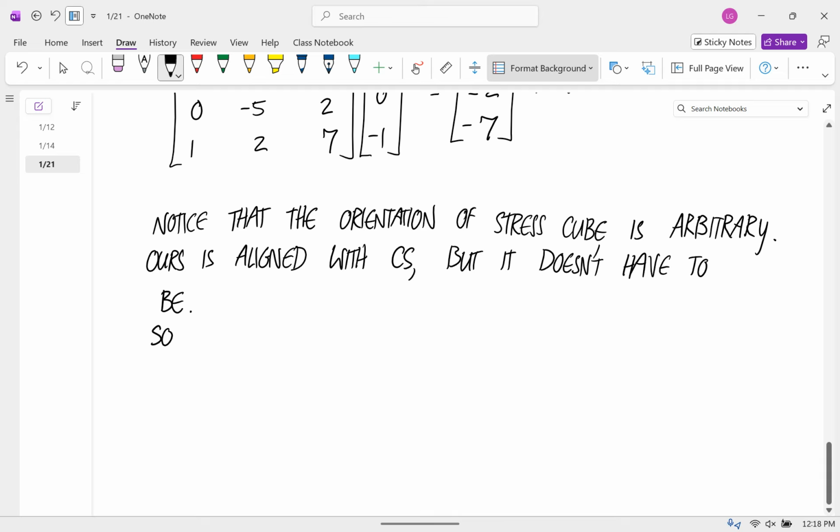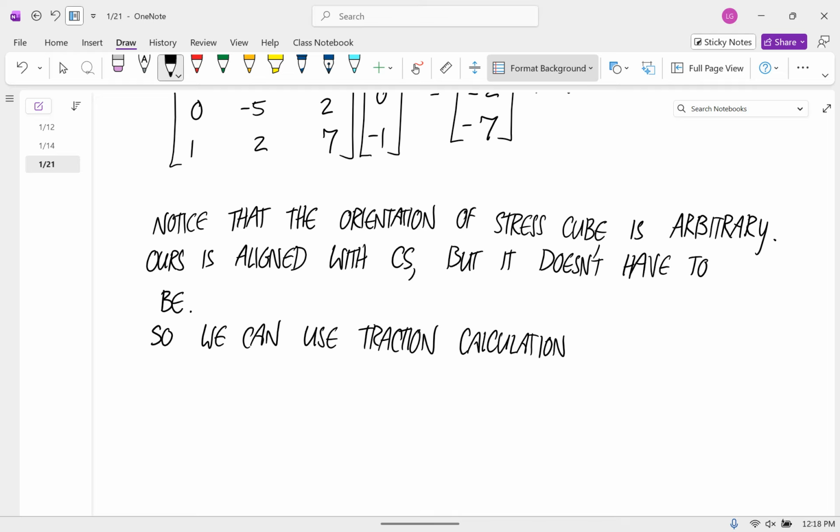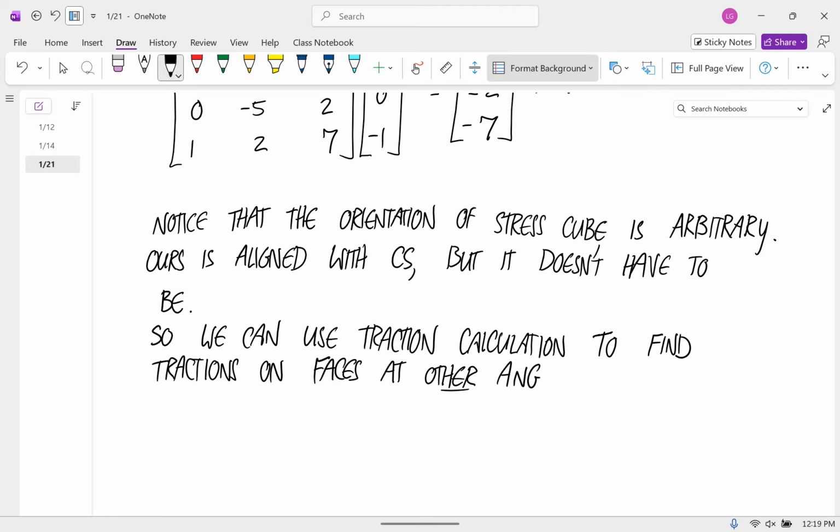So we can use this traction calculation to find the tractions on faces at other angles, at angles that are not perpendicular and parallel to our coordinate system.